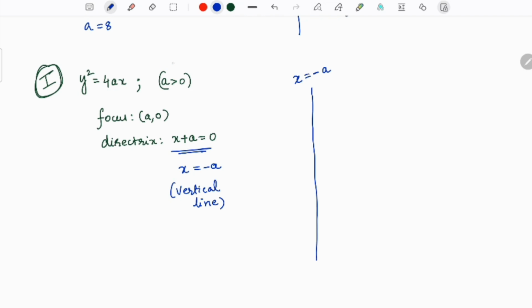Since I said a greater than 0, for this complete discussion, in your mind, you take a as 3. So imagine this as x equal to minus 3. It will be easy for you. A is positive, so you take a value as 3. So this is like x equal to minus 3. Okay. So I have the focus here, that is (a, 0).